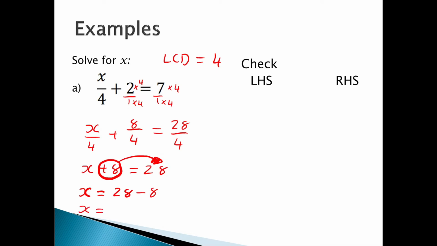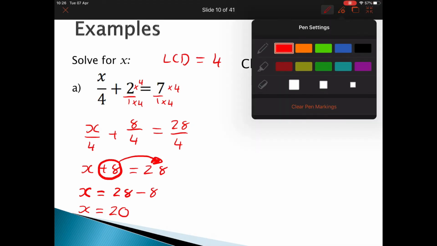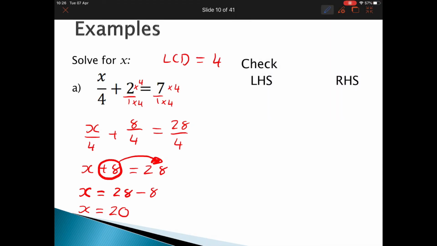So let's double check ourselves here, and we're going to do the left hand side, right hand side. We've got x over 4 plus 2, and then we've got 7 on the other side. Now we're going to substitute our x with the answer that we got, which is 20. So we're going to have 20 over 4 plus 2, and we're going to have 7 on the right hand side.